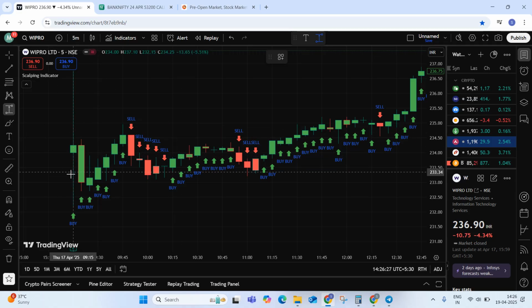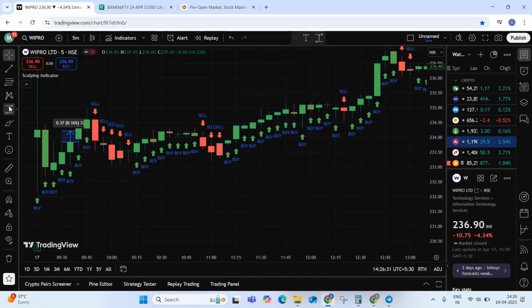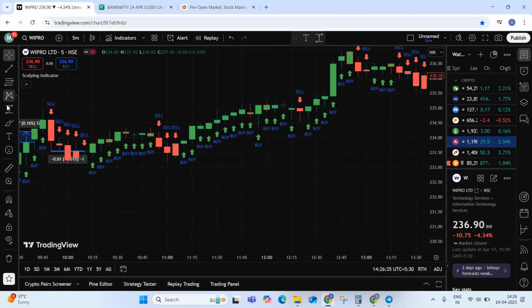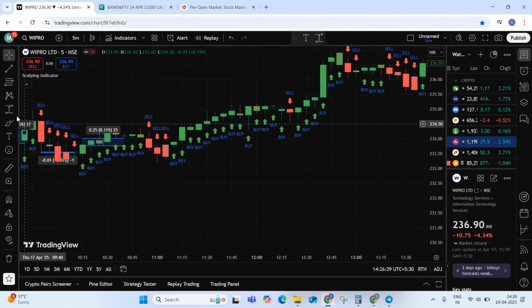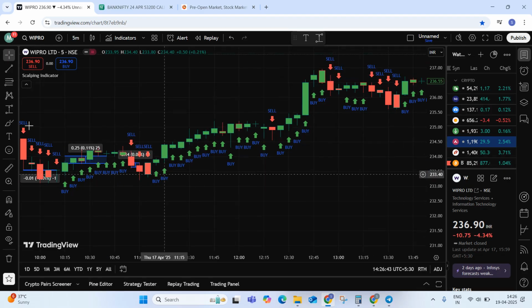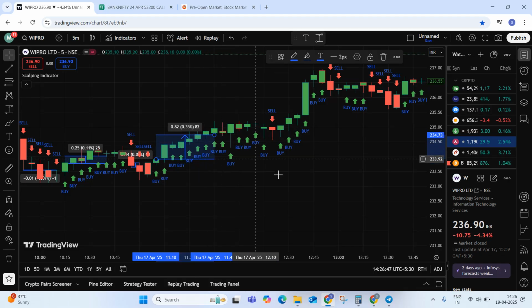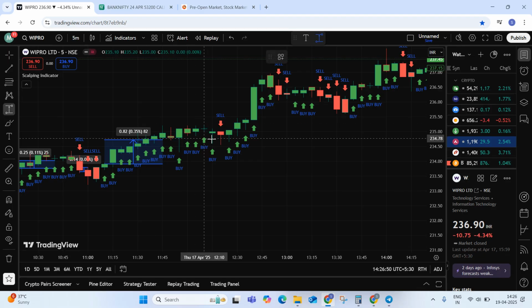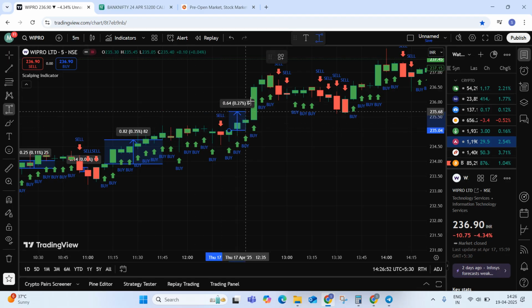Initially the signal generated. If we took it here, we got 37 paisa. Here it is cost to cost. Here 25 paisa. Here one small stop loss of 14 paisa. Next, here you can capture 82 paisa. We will avoid this signal.